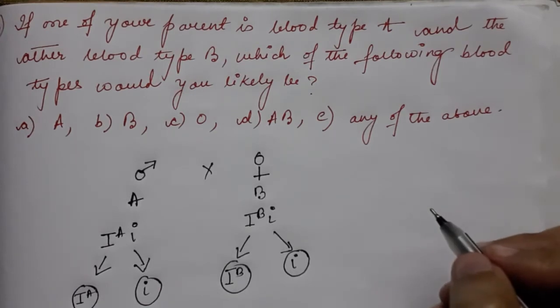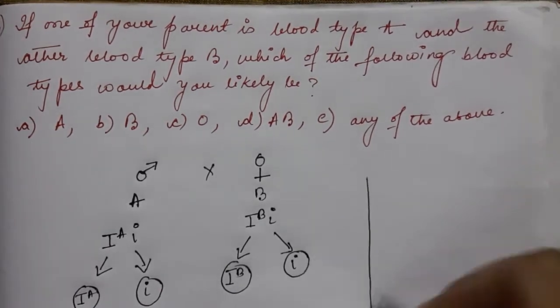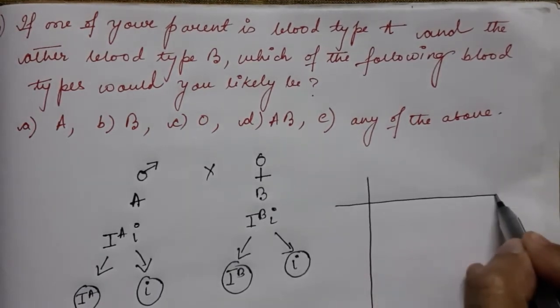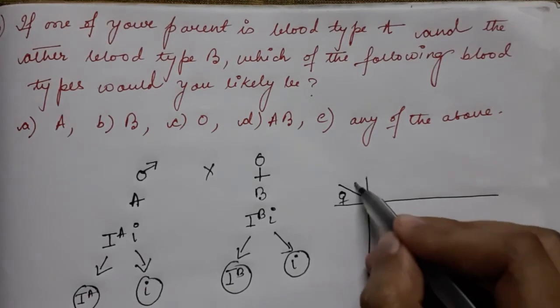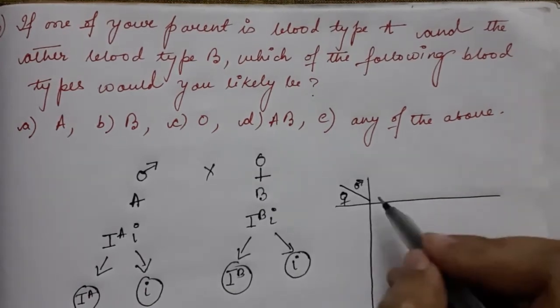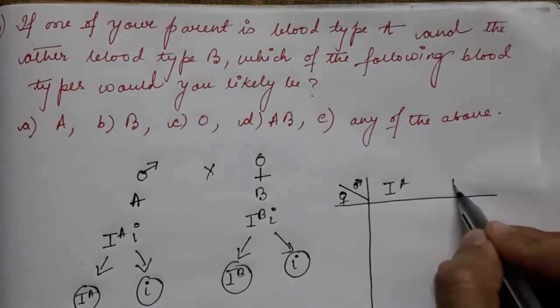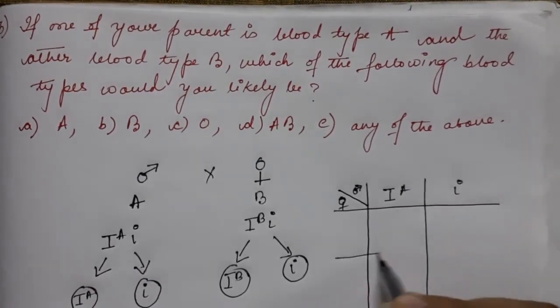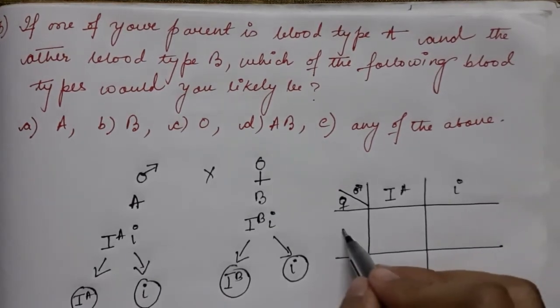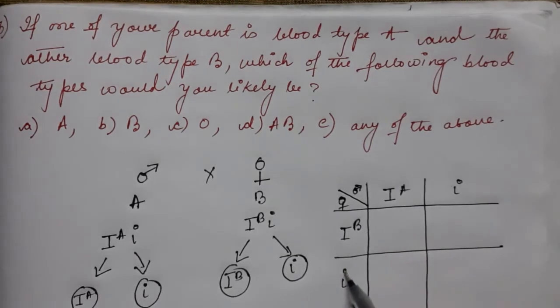Now let's make a Punnett square and solve it. So the male has IA and small i, and the female has IB and small i.